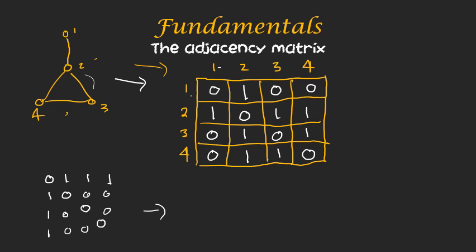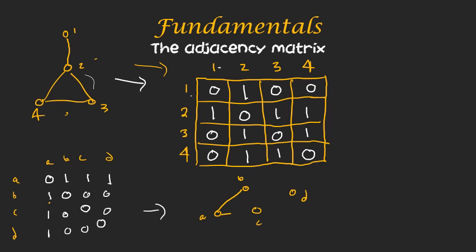I'll use A, B, C, and D for my vertices. I'll label my rows and my columns with that, and then I'll draw those vertices, A, B, C, and D. Then I'll look at the matrix, which will tell me how to get edges here. Vertex A is adjacent to vertex B because there's a 1 in that cell.